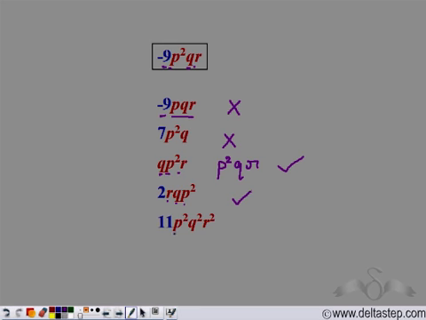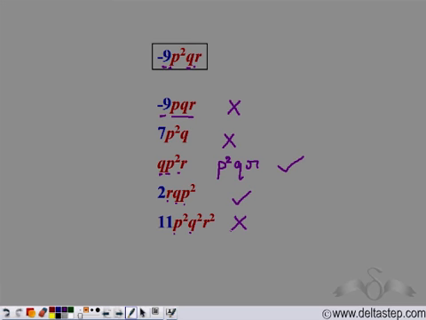We have p² here, we have p² here. We have a q² here, but here we have q. So it does not match. So this is not a like term. So these two terms are the like terms of this term. In fact, these two terms are also like terms.